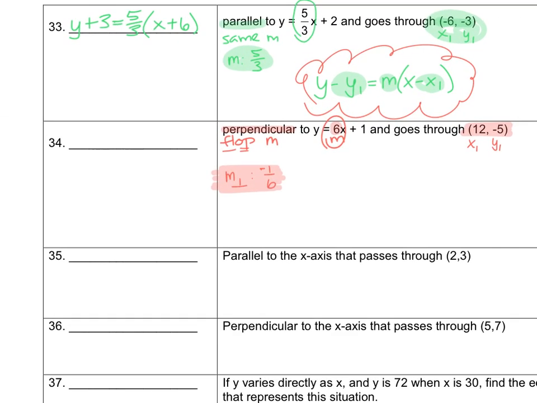So I've got y minus my y value, so y minus -5, which is going to flip to the opposite and be y plus 5, equals my slope of -1/6, parentheses, and then I want x minus my x value, so x minus 12, there. Okay, next one.